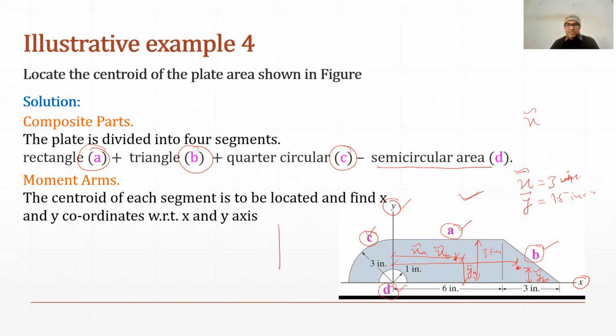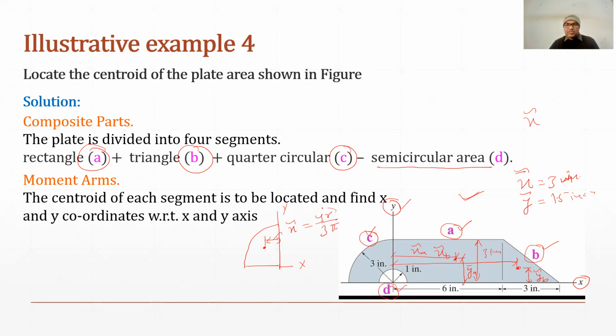Similarly for C, I'm making it on a separate page. If this is y-axis and this is x-axis. So in that case, the centroid of this quadrant circle will be somewhere here. So this coordinate, which is x approx, will be 4r by 3 pi.